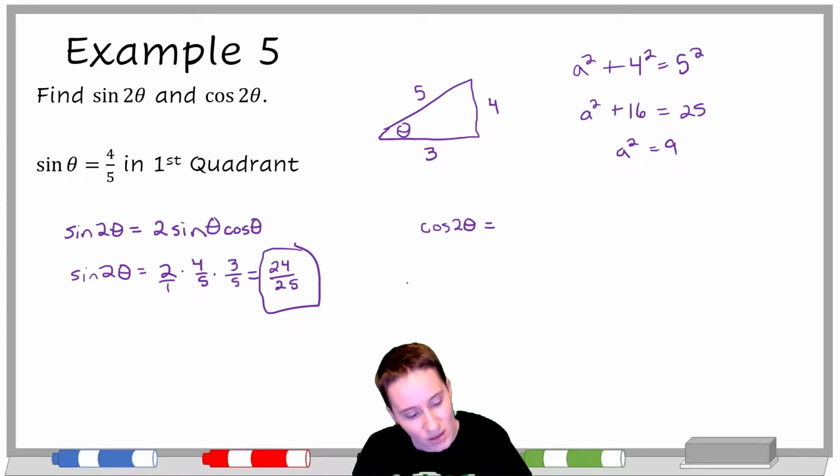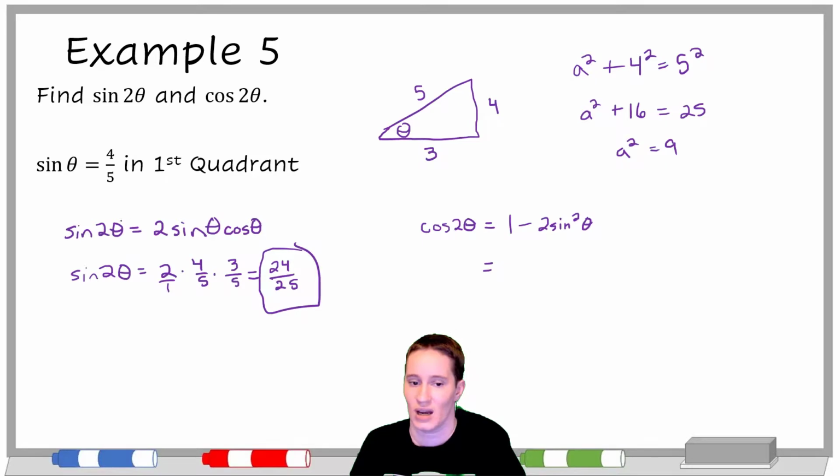That one that uses sine is 1 minus 2 sine squared theta. So what I'm saying is, if we hadn't had to do the first one and we just had to do cosine 2 theta, we would do 1 minus 2 sine squared theta. Sine theta was 4/5. We square that, work this out, and get our answer.